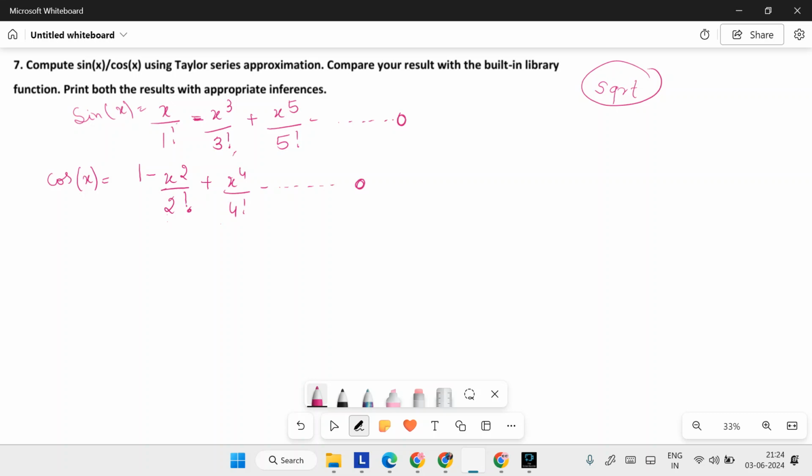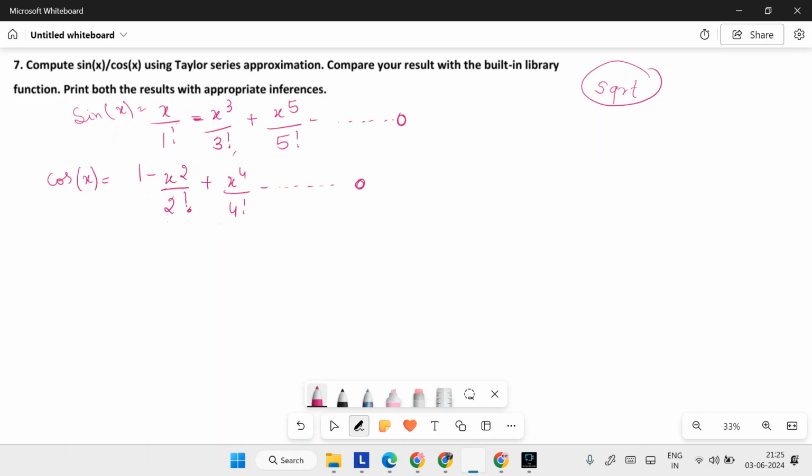After every term, the next term is smaller than the previous one. For example, x to the power of 3 divided by 3 factorial will have a larger value than x to the power of 5 by 5 factorial. As you go towards the right, the value of each term is reaching towards 0.